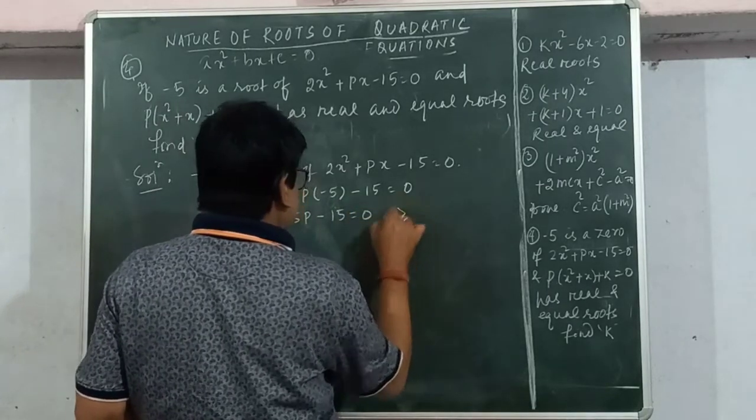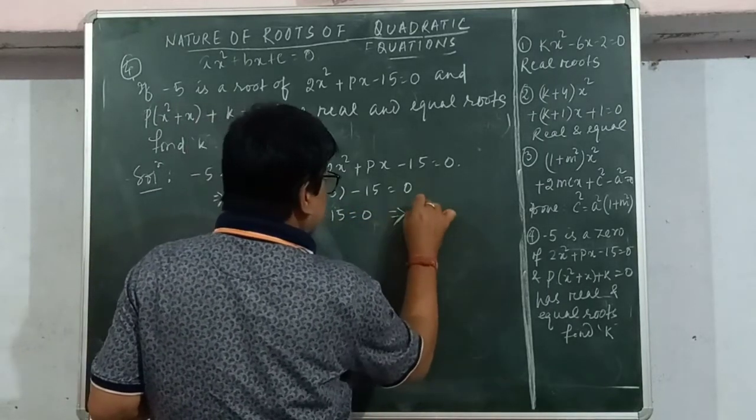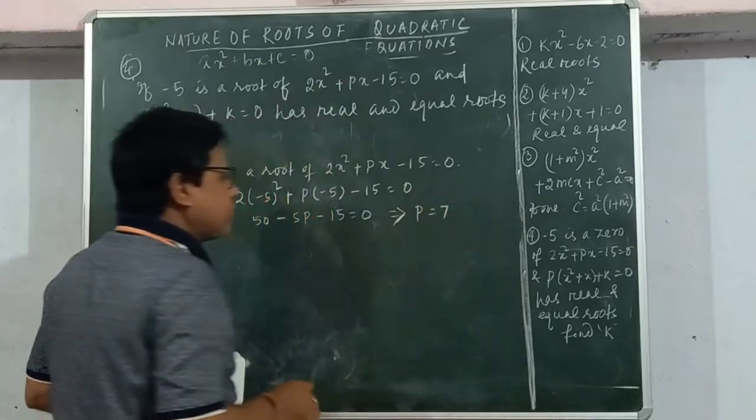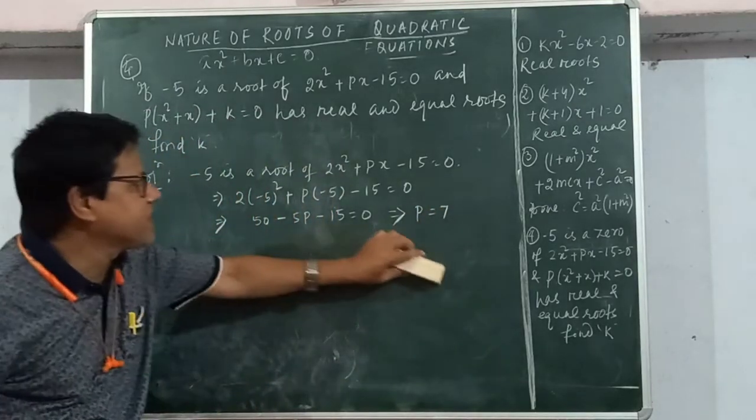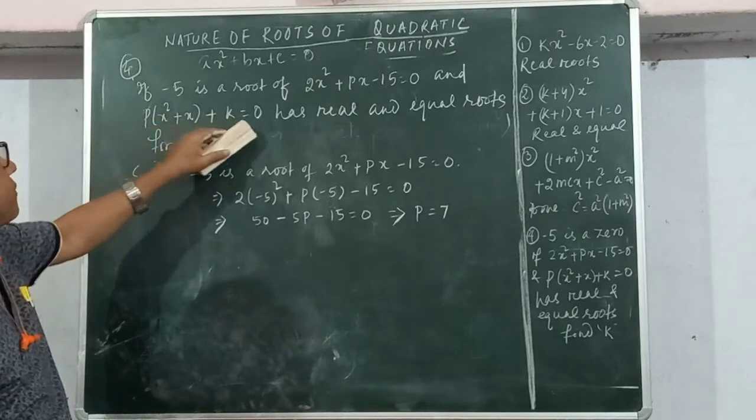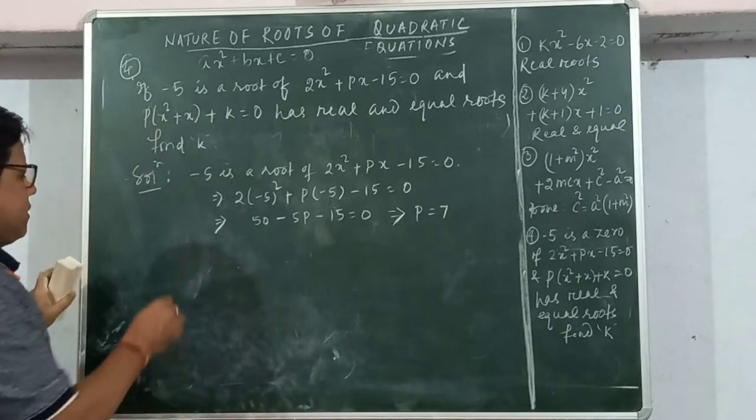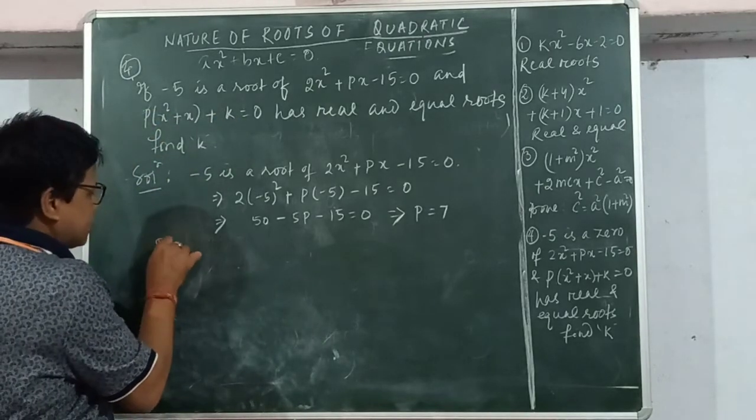If you solve it, you will get p is equal to 7. Now after finding the value of p, put the value of p in the second one.